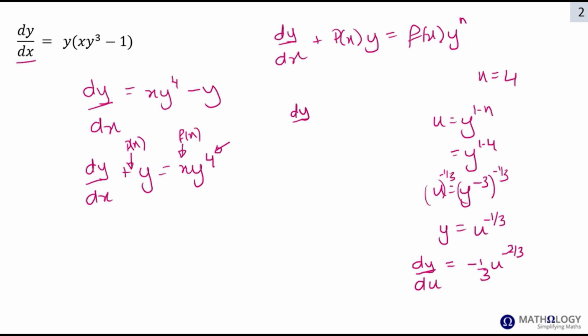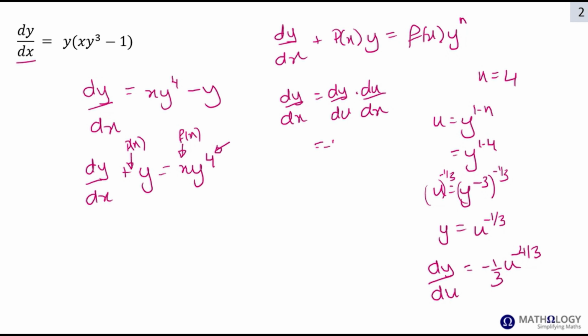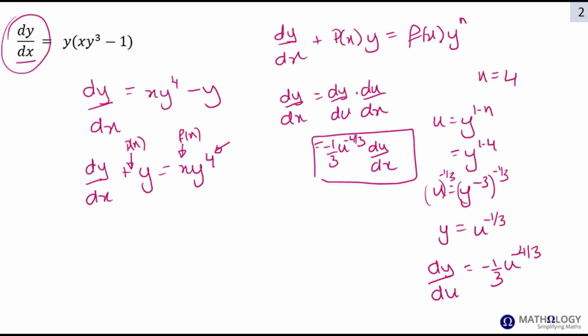Now dy/dx using the chain rule equals dy/du times du/dx. So it's going to be minus a third u to the minus 4/3 du/dx, and then we're going to substitute this expression into dy/dx plus y.